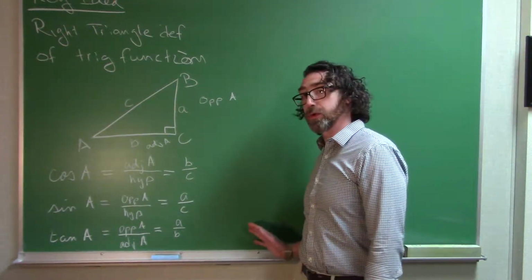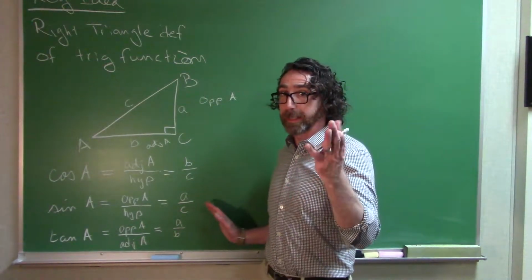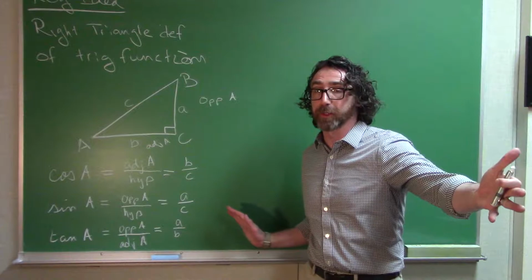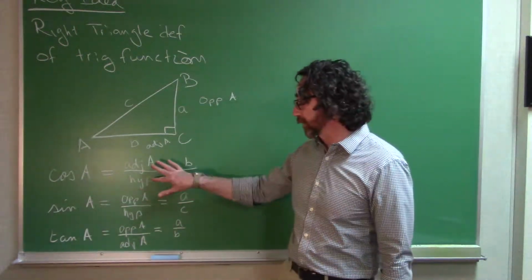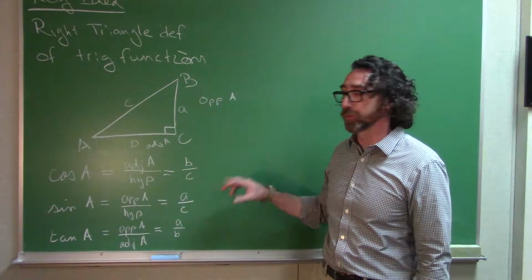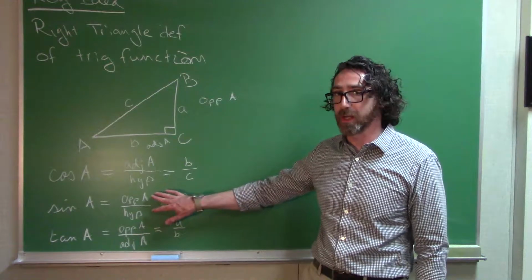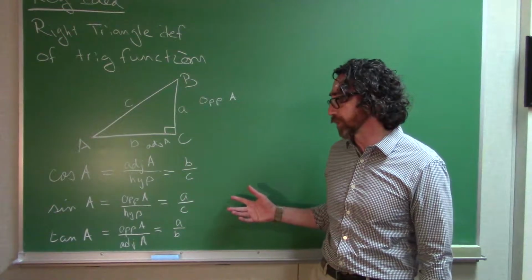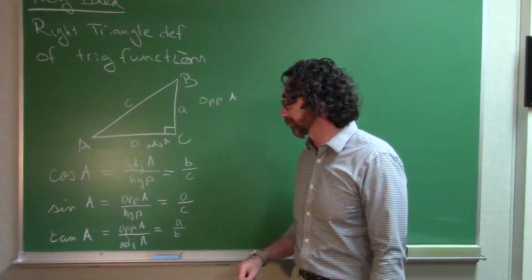Now we can get the other 3 trig functions using our identities that we talked about earlier in this course. To get the secant, you take this and flip it, hypotenuse over adjacent. To get the cosecant, you take the reciprocal of the sine function, hypotenuse over opposite. To get cotangent, it's adjacent over opposite.